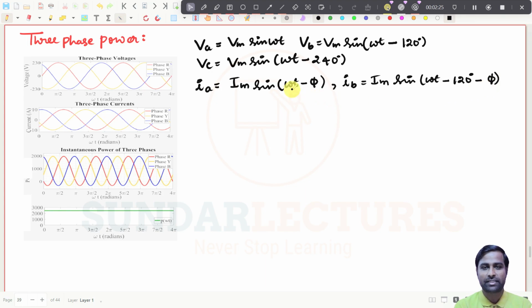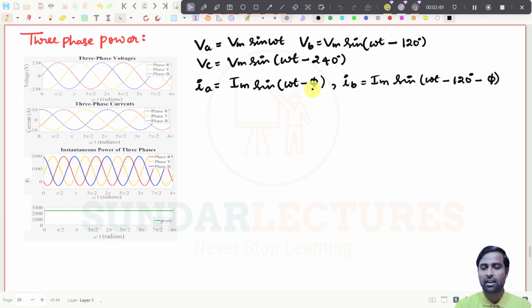You have to understand, this minus 120 degree is natural, and this phi I am taking as the power factor angle, the angle between voltage and current. If it is minus phi, then it actually means it is an inductive load. If current lags omega t by an angle phi, then it is an inductive load.